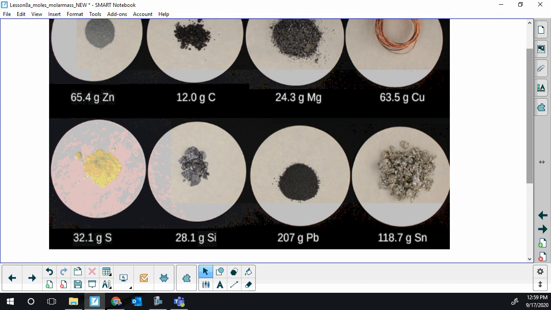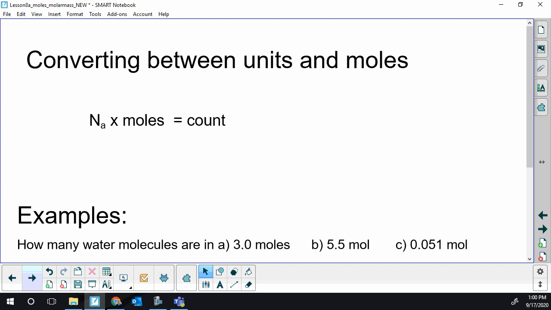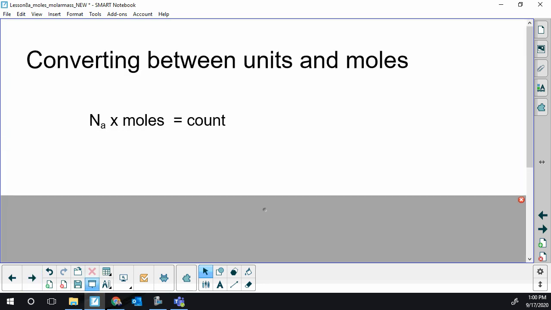Next I want to teach you how to convert. How do you go from moles to how many units you have, or if you know units, how do you go back to moles? Converting between units and moles. You need Avogadro's number to go between the 2 variables.